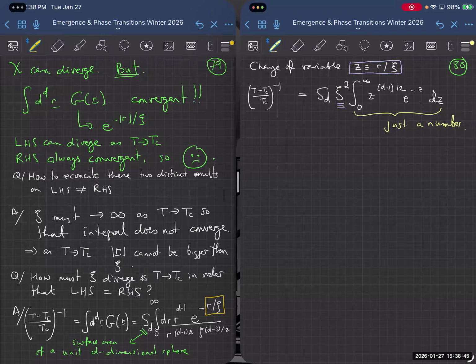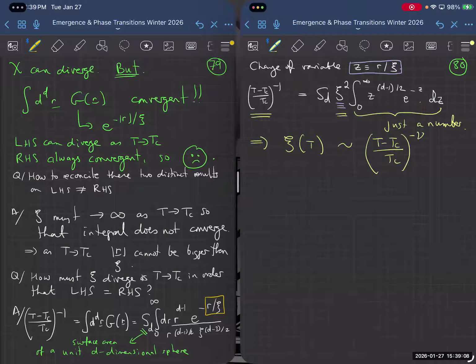And so what I've got is that psi squared diverges as t minus tc to the power minus 1. This implies that the correlation length as a function of temperature must diverge as (t minus tc)/tc to the minus nu, and nu has to equal 1/2 in mean field theory in order for this to be consistent.